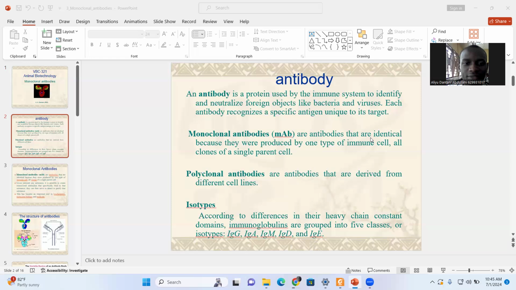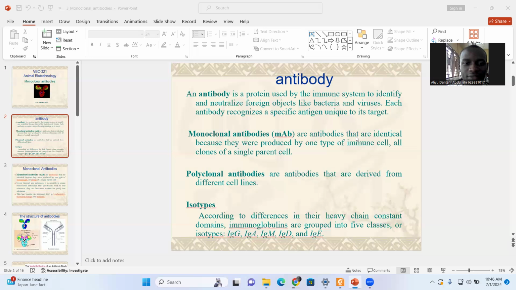But I want to still believe you know what an antibody is. An antibody is a protein used by the immune system to identify and neutralize foreign objects, basically antigens, pathogenic bacteria, viruses, what have you. So we have two types of antibodies: monoclonal antibodies and polyclonal antibodies. From the name, mono, poly, one, many, right?